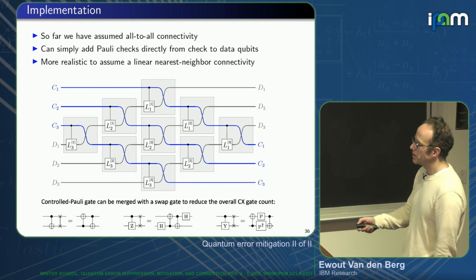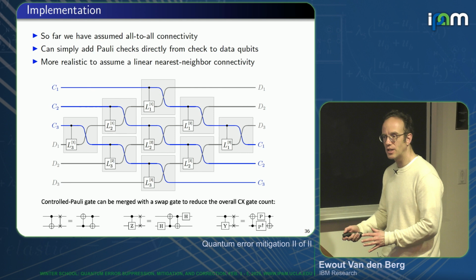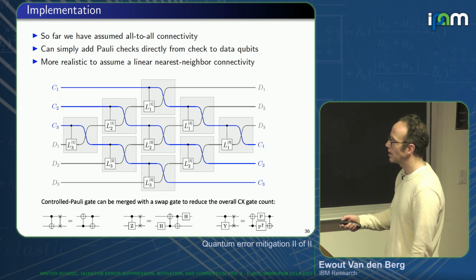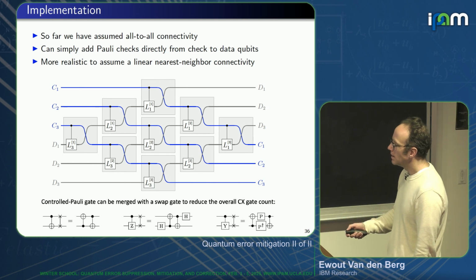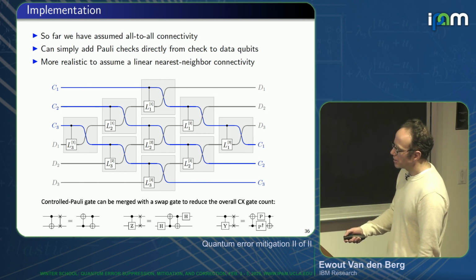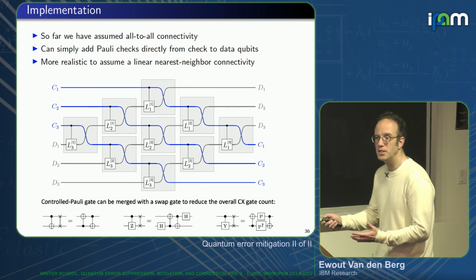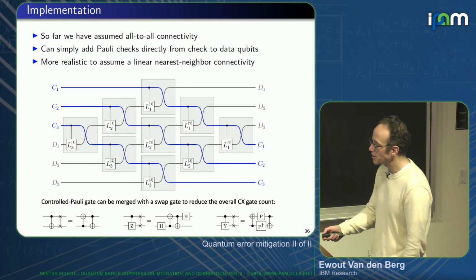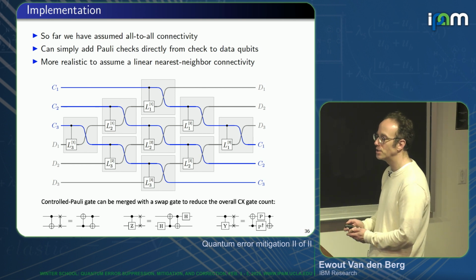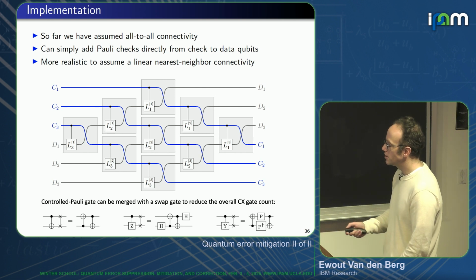So what's the advantage of doing this, aside from that we have to do something local because we cannot just apply arbitrary controlled Pauli gates? If you have a CNOT followed by a swap, the swap is just 3 CNOTs. So clearly you can cancel the first one and you just end up with 2 CNOTs. So that's actually cheaper.